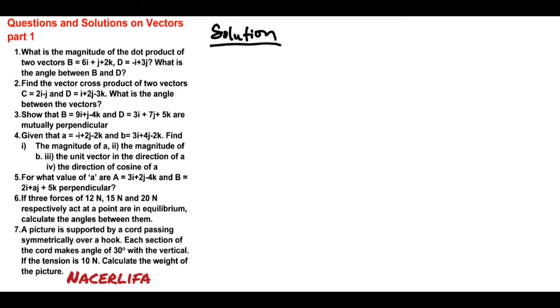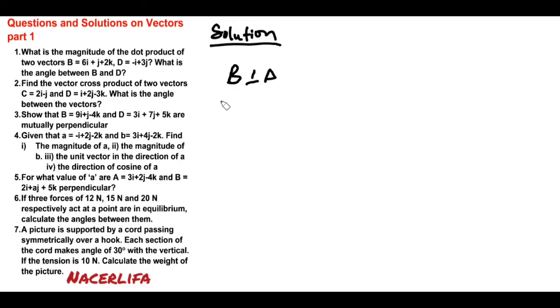So the next question says, show that B equals 9i plus j minus 4k, and D equals 3i plus 7j plus 5k are mutually perpendicular. So we want to show that B and D are mutually perpendicular.